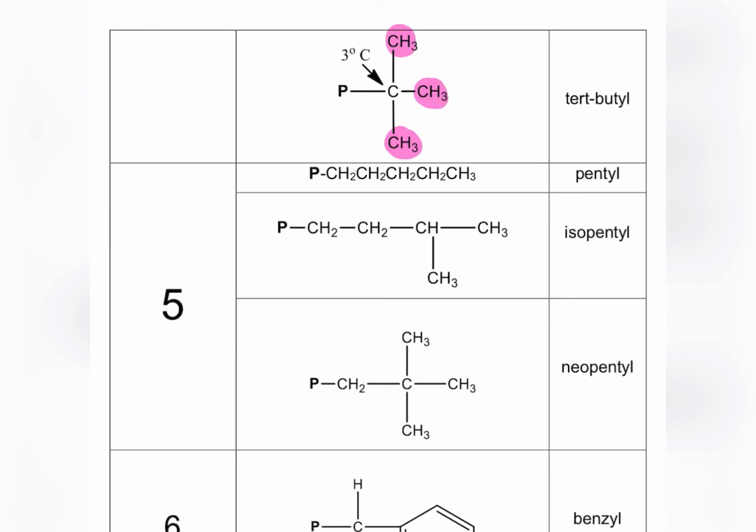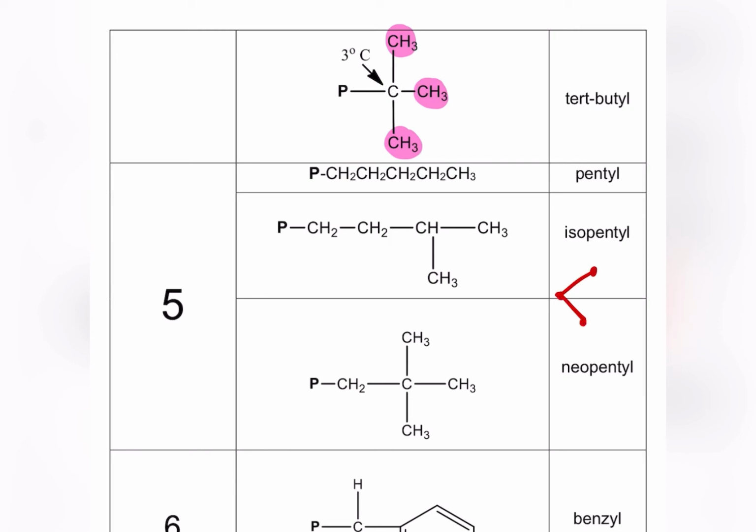Now we go to 5 carbon atoms. If it's in the straight chain, it will be pentyl. And then if it's isopentyl, make sure you draw the kaki ayam first. So kaki ayam already used up 3 atoms. Just like this one, 1, 2, 3. And you got 2 more left.